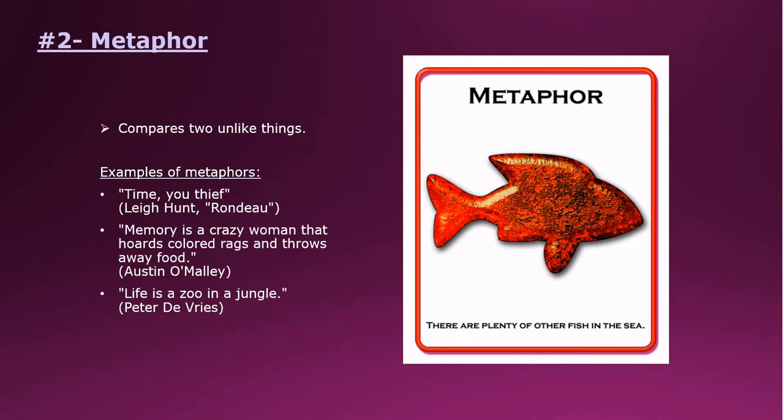Number 3, life is a zoo in a jungle. Life is a perpetual zoo. Or is life actually a zoo with animals? Here, life is being compared to a zoo in a jungle. This is the comparison. There are plenty of other fish in the sea. What do you think this metaphor means?